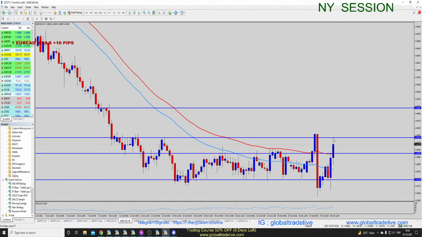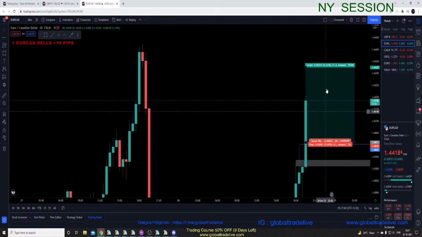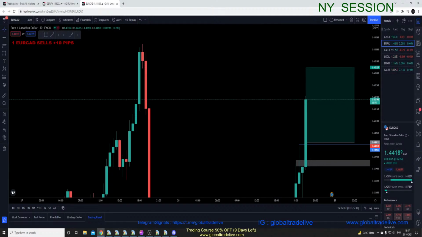Yeah, it should be moving all the way up now. This 4 hour. Yeah, 20 pips tapped over here. It should be going up to 30 pips, because we have no problem to the left.